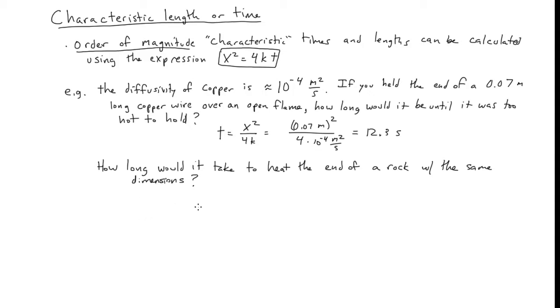Okay, so it's the same equation as before, x squared over 4k. And in this case, the only thing different here is, if you look back in your notes, you'll remember that all rocks in magma have roughly a diffusivity of 10 to the minus 6.